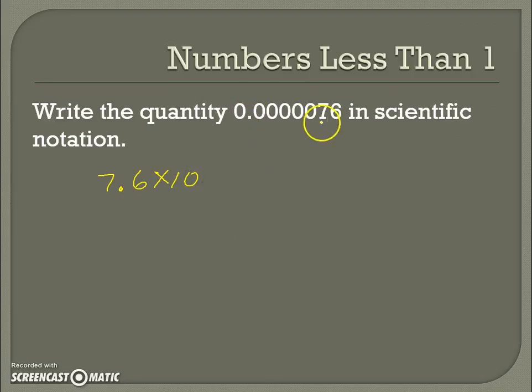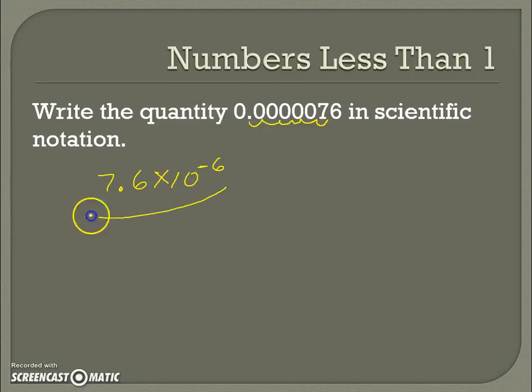If it is a decimal, a really tiny number, then that means I'm going to have a negative exponent. And the negative exponent is going to be the number of times that the decimal has to move again. So I have 1, 2, 3, 4, 5, 6 times. So it's going to be 10 to the negative 6.